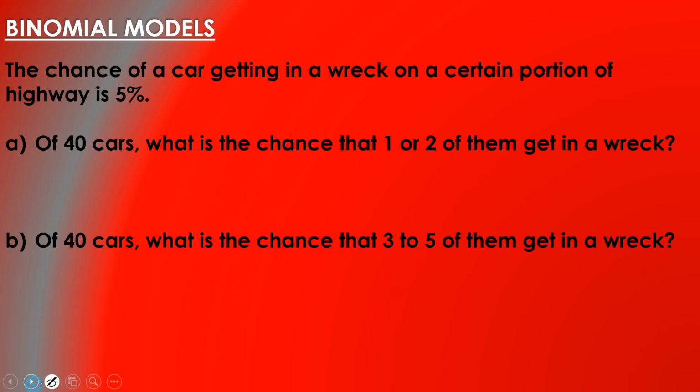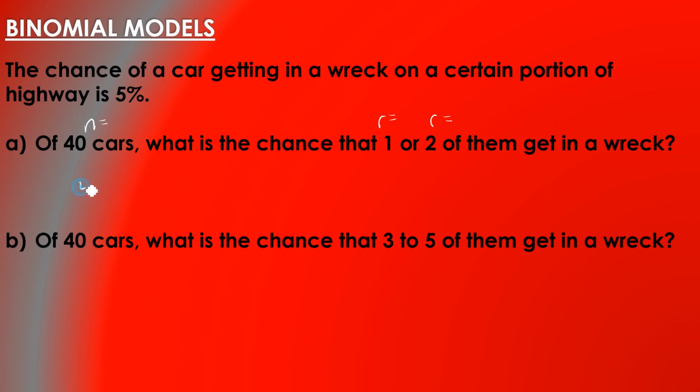All right, I think we have one more example of this. The chance of a car getting in a wreck on a certain portion of highway is 5%. Of 40 cars, what is the chance that 1 or 2 of them will get in a wreck? So I'm going to set it all up right here. So we have 40 tries, that's our n, and 1 or 2 successes.